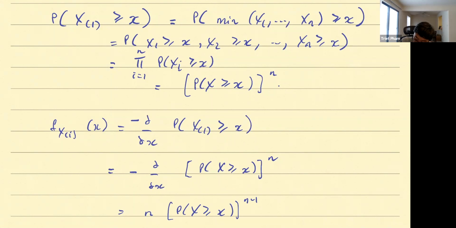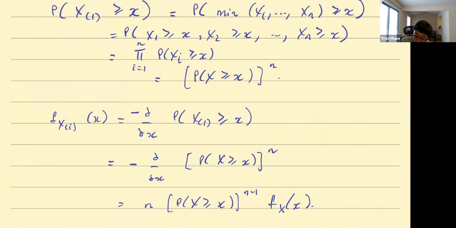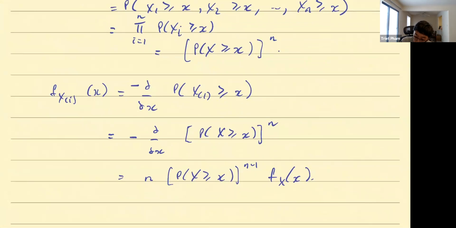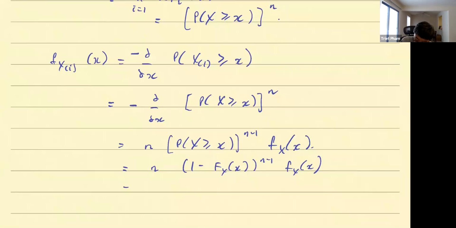So you got the density. And if you want to use the language of the CDF, then this is going to be n times 1 minus the CDF. If you want to use the language of the PDF, there you go.